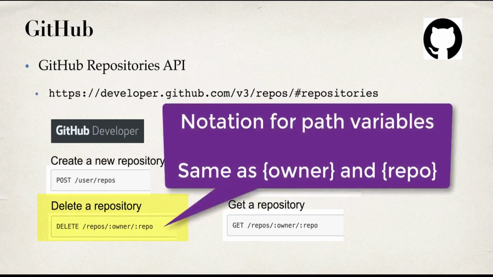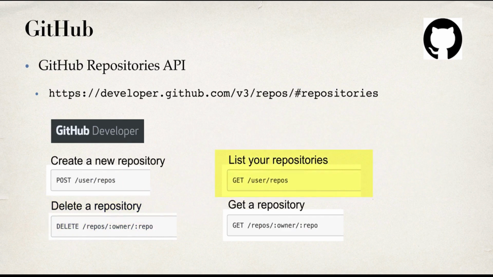Now the :owner and the :repo, that's the same thing as putting curly braces around those items. So effectively, it's a path parameter or a path variable that you can send in when you actually submit that request. Also, you can list repositories by simply doing a get on /user/repos. And then finally, you can get a specific repository by doing a get on repos :owner :repo.